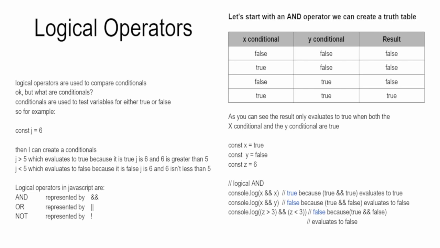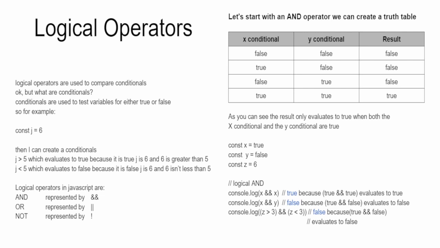J is greater than 5 will evaluate to true because j is 6 and 6 is greater than 5. So that is true. J is less than 5 will evaluate to false because j is 6 and 6 isn't less than 5.